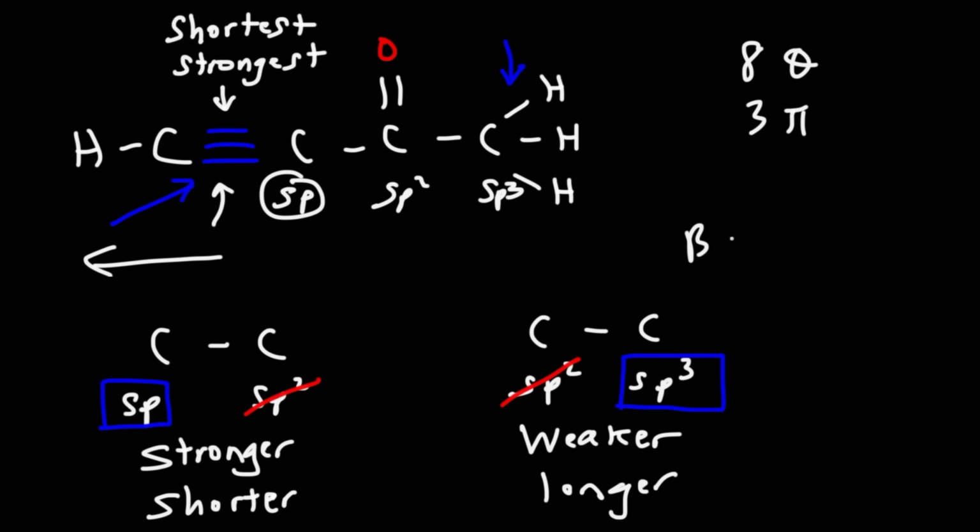So remember, as the strength of the bond increases, the length of the bond will decrease. They're inversely related. Now let's talk about formal charge. Let's calculate the formal charge of every colored atom. So this is a thiolate ion.